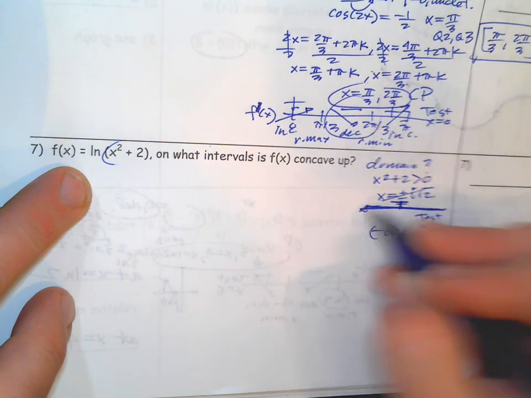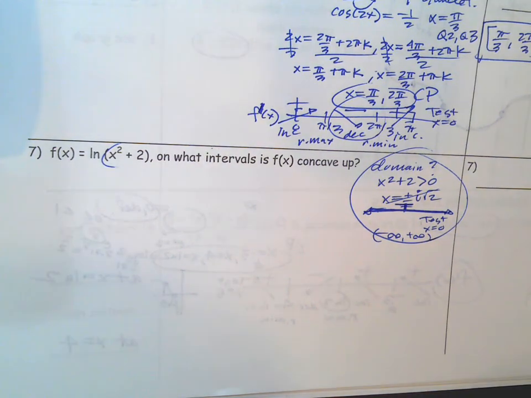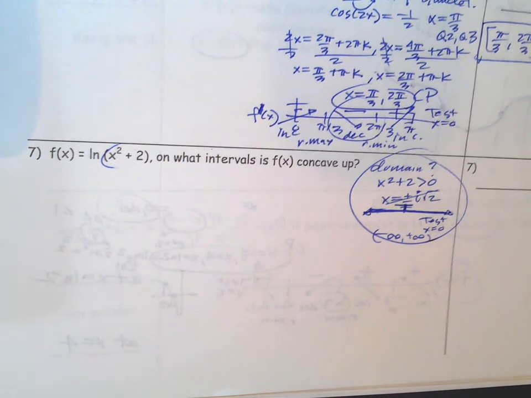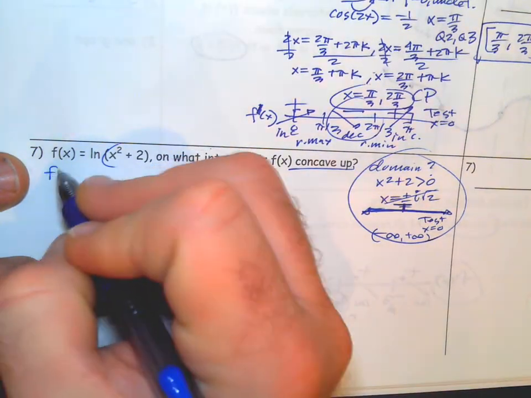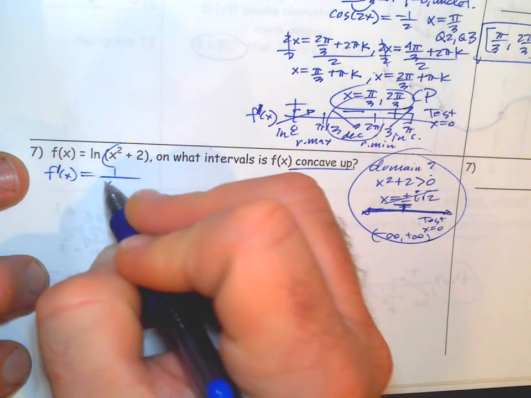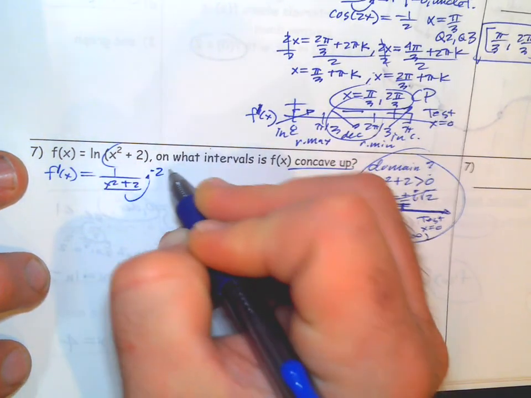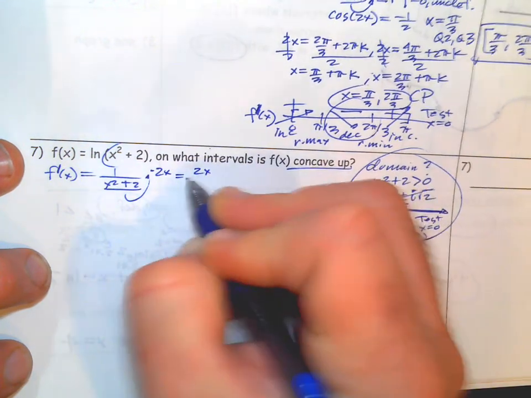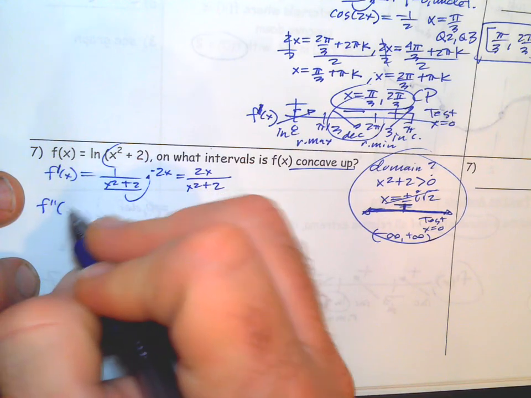So you got lucky this time, okay? But I'm looking for it, especially on a problem like this. Natural logs always have domain issues, right? So concave up, we have to take the first derivative, and that's going to be 1 over what's inside times derivative of what's inside. Okay, and then we take the second derivative.